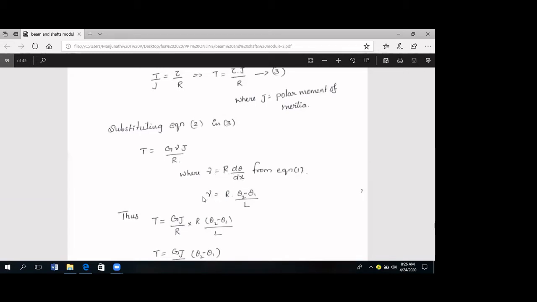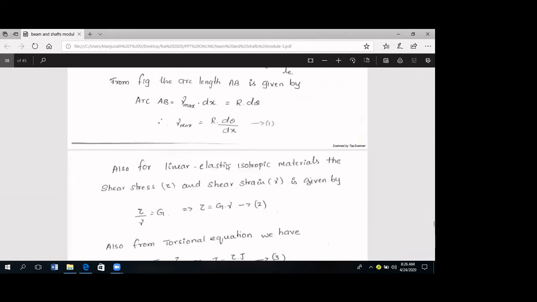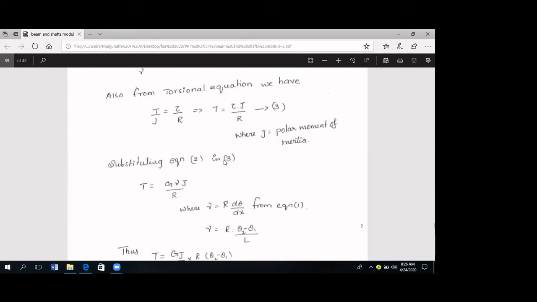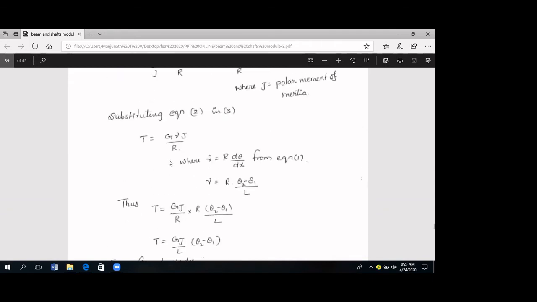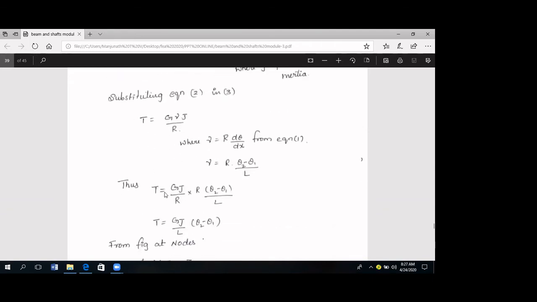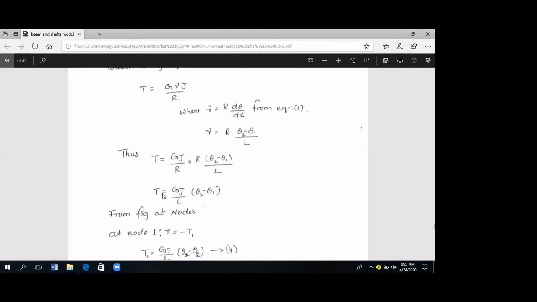Again, r into d theta is the difference in the angle of twist, theta 2 minus theta 1, and dx is the element length, from the figure. So the equation becomes gamma equals r into theta 2 minus theta 1 divided by L. Thus the torque equation T equals GJ by R into theta 2 minus theta 1 divided by L. R gets cancelled here, so T equals GJ by L into theta 2 minus theta 1.